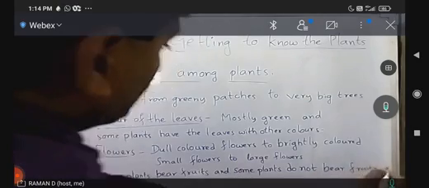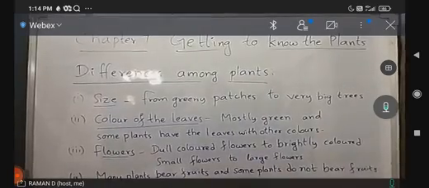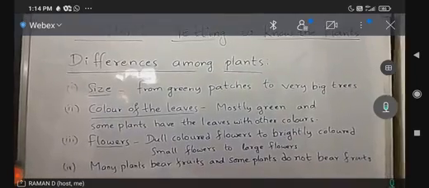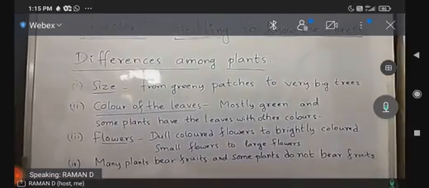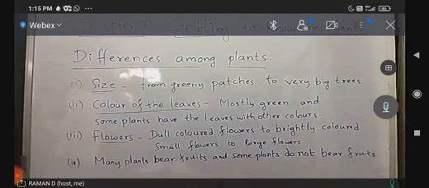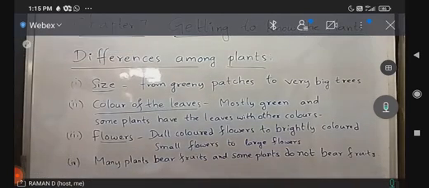So what have we learnt now? We have learnt the differences among the plants. What are the various differences among the plants? We can find the differences among the plants in terms of the plant size, in terms of color of their leaves, in terms of their flowers, and in terms of whether they bear fruits or not.